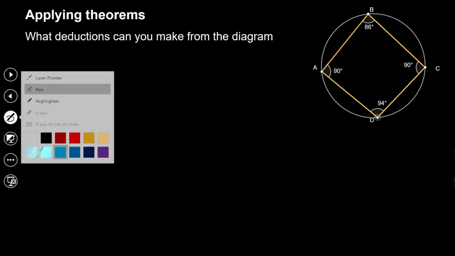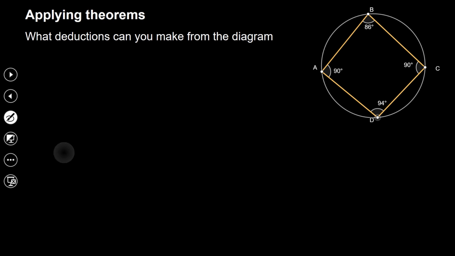We start by saying first, we know that angle B plus angle D is equal to 180 degrees. It's not that I'm saying it because it's a cyclic quad. No, I'm saying it because you can see that I can add these angles here and get 180 degrees.